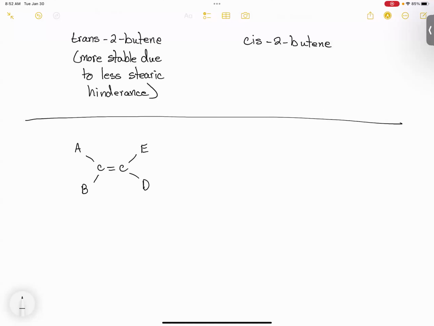With respect to this, these are considered to be the ends, and these are considered to be the sides.